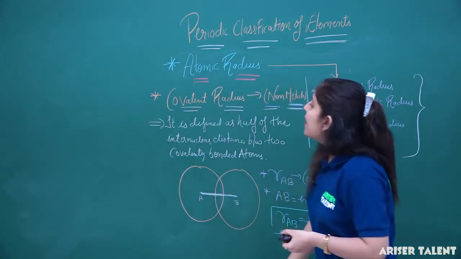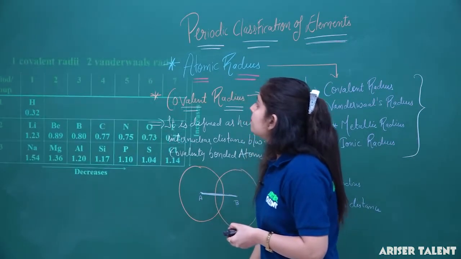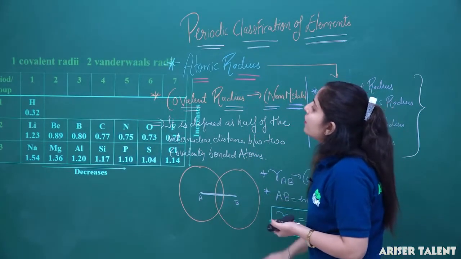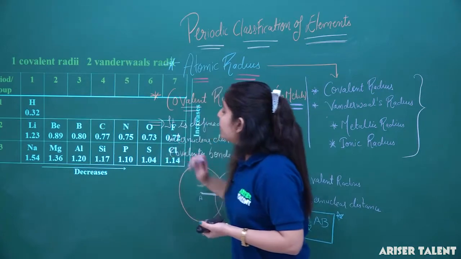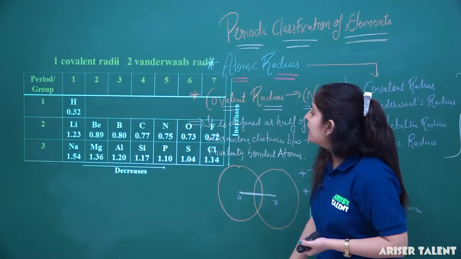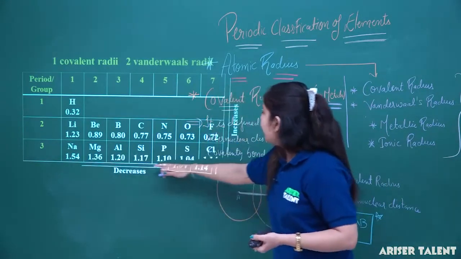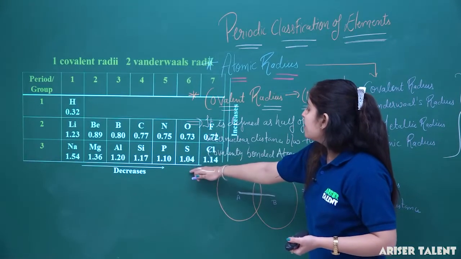Let us have a look at the covalent radius of some of the elements here. This is the covalent radius for a few of the elements. You can see the trend: it subsequently increases up to sodium, and then after it shows a decreased graph.